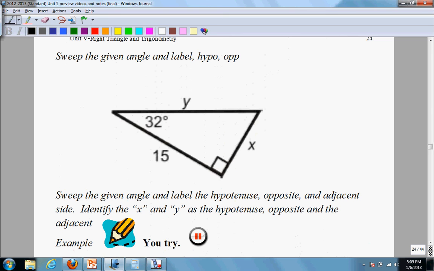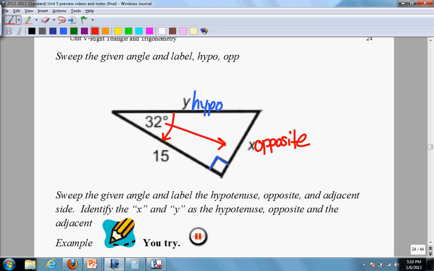Okay, so here we sweep the right angle, and first we're going to identify our hypo across from the right angle. So here's the hypo. Second, we sweep our theta. The theta is the angle we're working with. In this case, our theta is going to be 32 degrees. Now we go opposite of the theta, and we label.